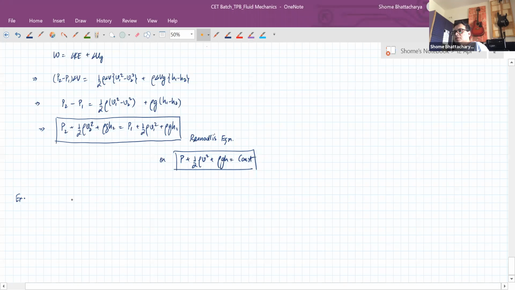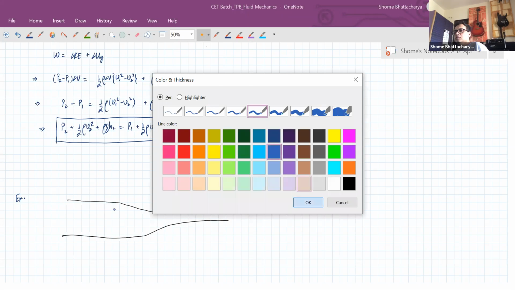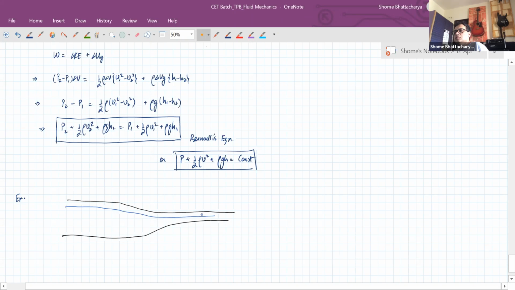So suppose we have a tapering kind of pipe like this, inside which liquid is flowing like this.